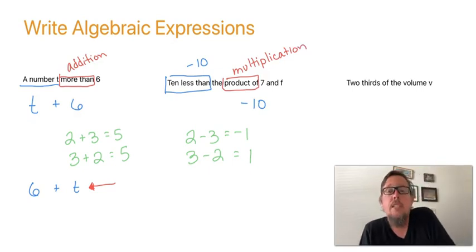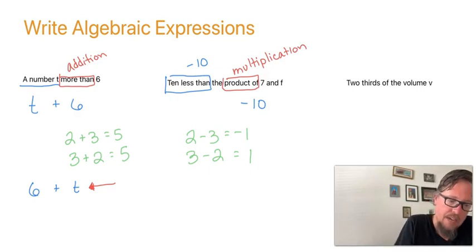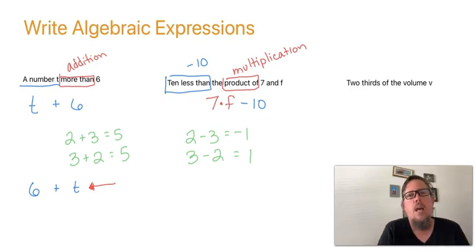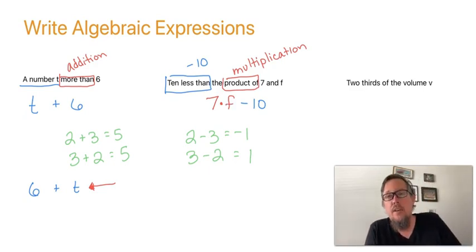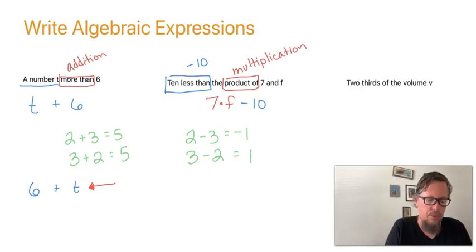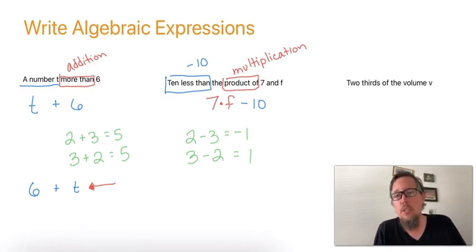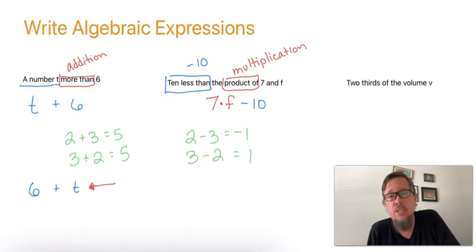It says the product of 7 and f, so that means 7 times f. What we learned in the last video, though, is that if you are multiplying two things together, you don't have to use the multiplication symbol. You can use what's called implied multiplication. Implied multiplication means if there's no symbol, we assume that it's multiplication.